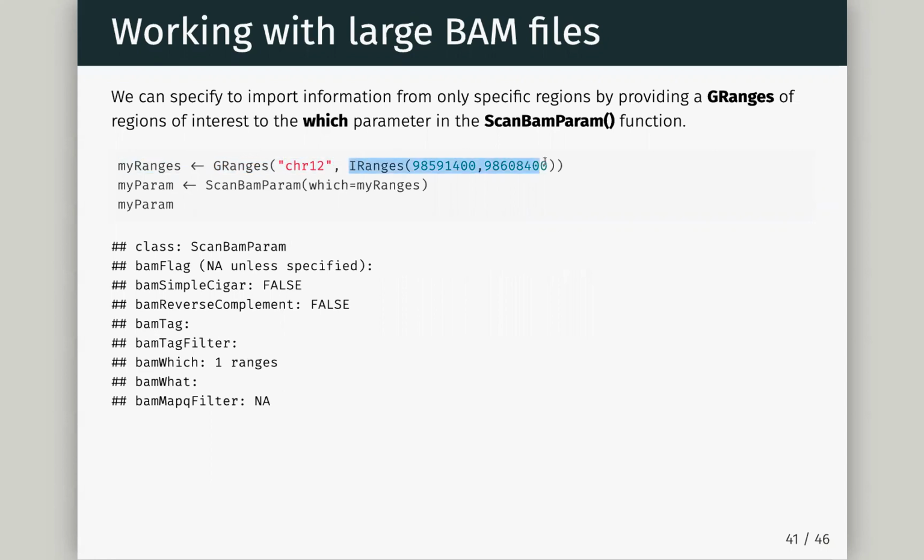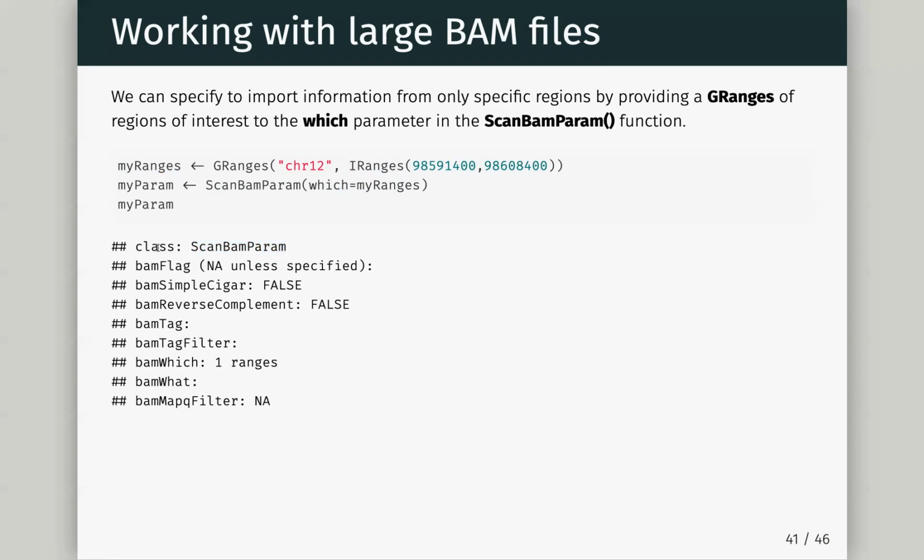And here I'm going to tell it, I just want to import over this region. And then I can create our ScanBamParam object. I really love saying that word, ScanBamParam. Sounds great. ScanBamParam object by just providing it with the which. We tell it we want to only read in from these ranges. So this builds our ScanBamParam class object.